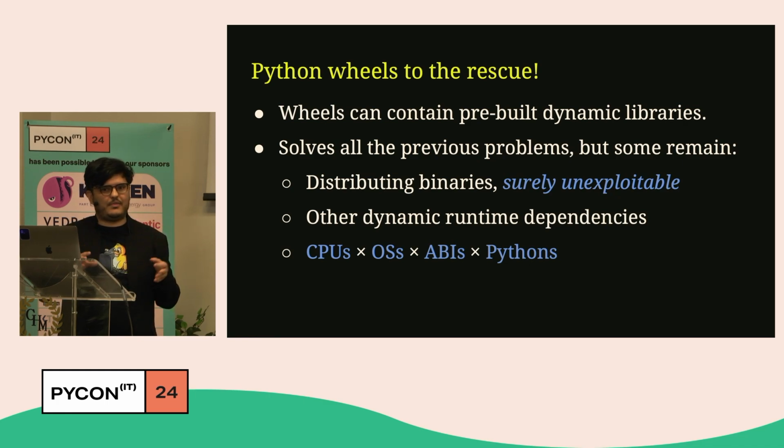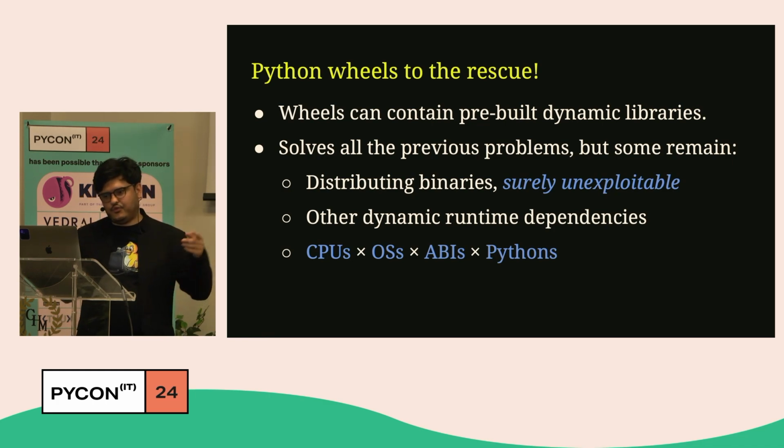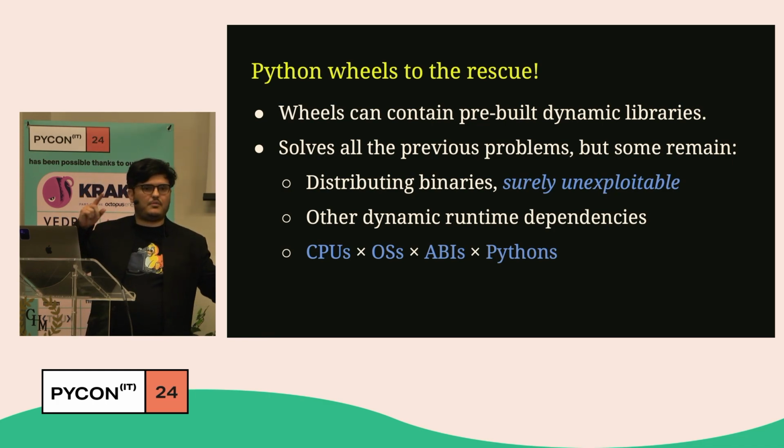I'm not going to get into what ABIs are. Actually, people here already probably know. And there's also different Pythons. And these are all the tag systems that the Python package manager uses to determine which is the correct wheel for each user. And so now you have to do ARM Windows, ARM Linux, ARM Mac, Intel Linux, Intel Windows, Intel Mac, et cetera, et cetera.